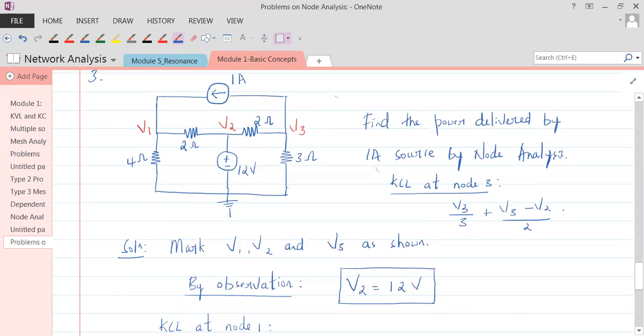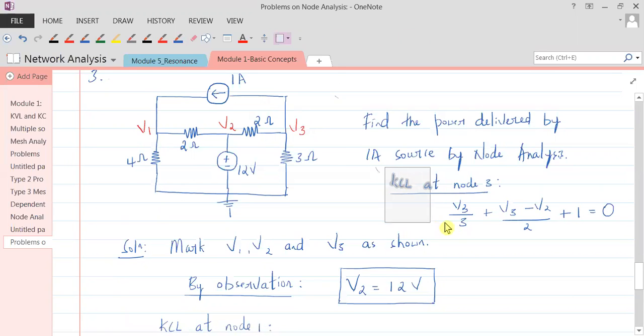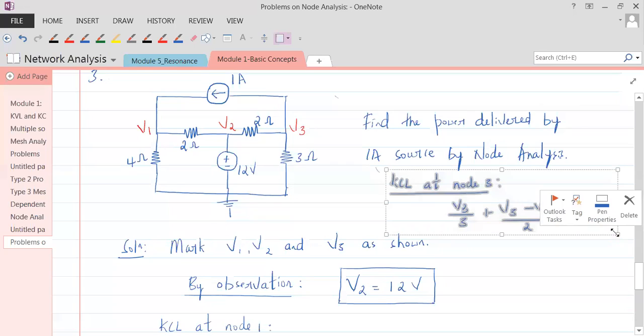Then this 1 ampere is also leaving. In the previous case, it was entering node 1, but it is leaving node 3. I hope everybody understands that. So bring this to the standard form again.